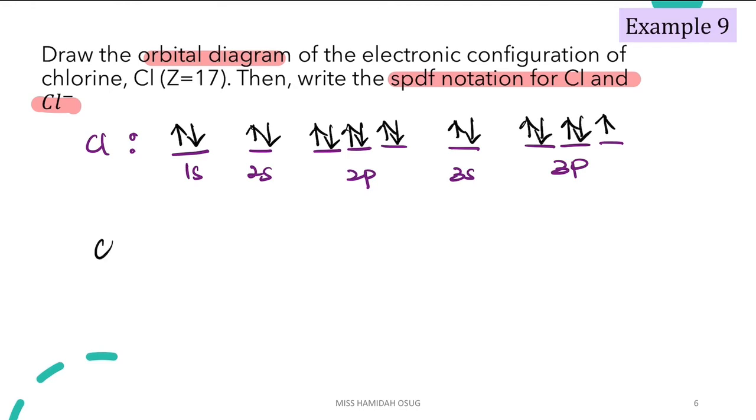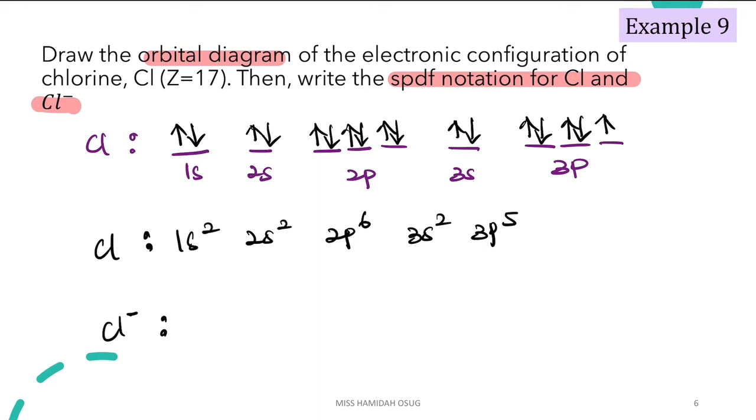Okay, so the electronic configuration for chlorine is 1s2, 2s2, 2p6, 3s2 and 3p5. So for chlorine ion, because it is negatively charged, so we need to add electron into available orbital with lowest energy first.